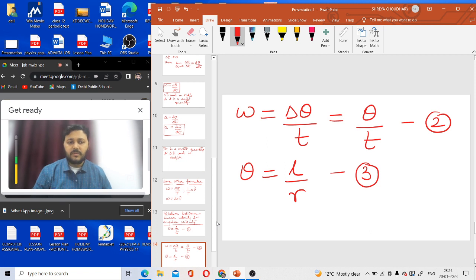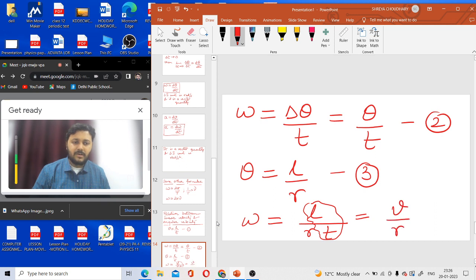Putting equation number 3 in equation number 2, what will we get? Omega is equal to L upon R t. So from L by t, we can write V in place of L by t. So omega equals V upon R is the formula.